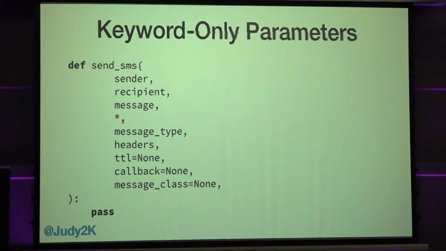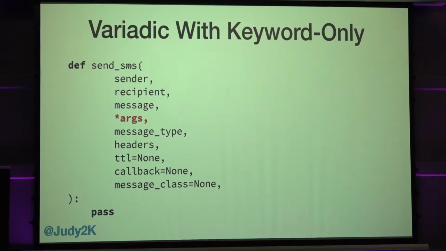And you can combine this with a variadic, I never know what to call that, placeholder argument, by using a name after the asterisk. So this is just the same as before, but because we're not providing this at the end of the parameter list, we're just saying that, again, the first three arguments can be provided by position, and then we can provide any other arguments we want by position, but they will never be assigned to any of those parameters that are defined further on unless they're explicitly provided by name.